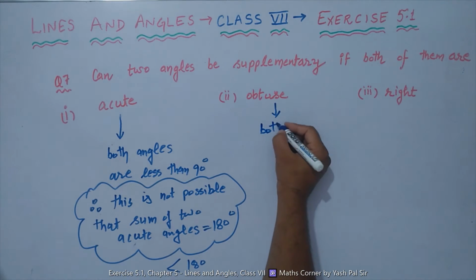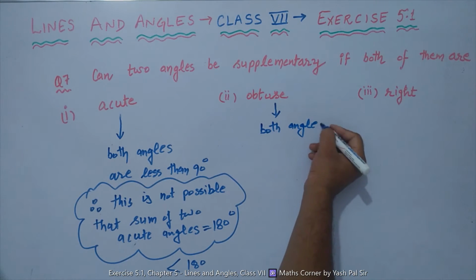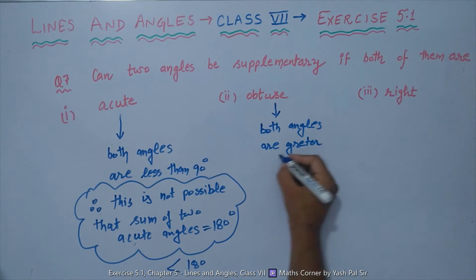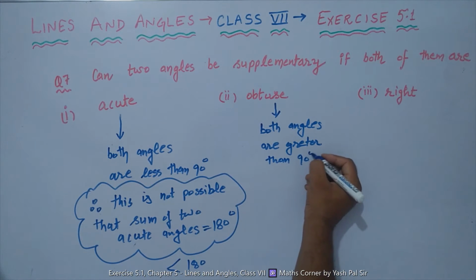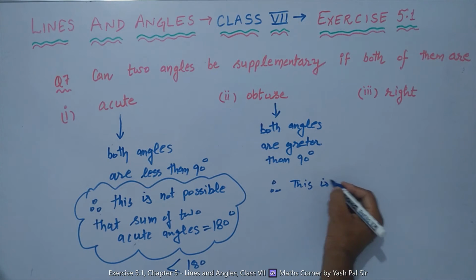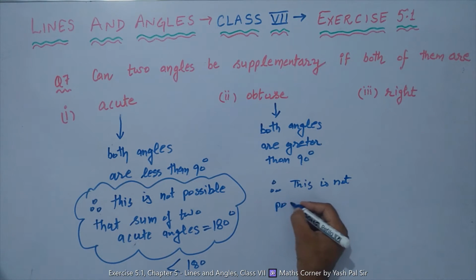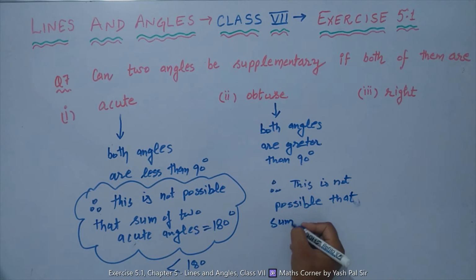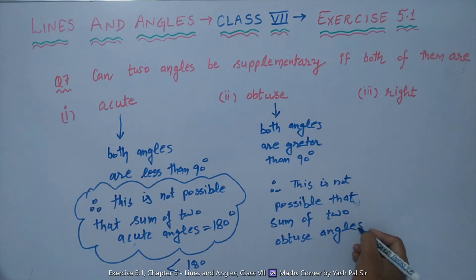Here both angles are greater than 90 degrees. So we say this is not possible, that the sum of two obtuse angles is equal to 180 degrees.